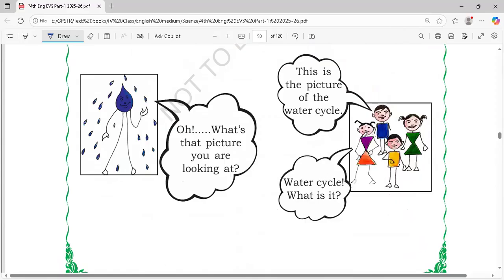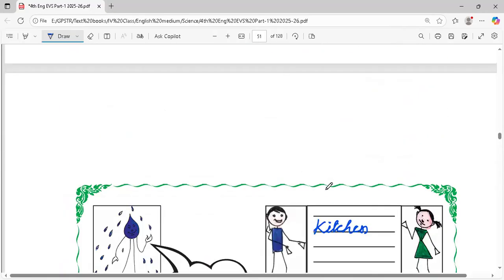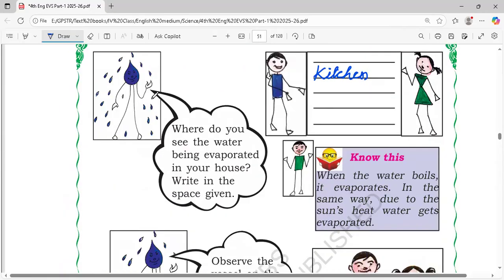What is it, in a group of students? One student told water cycle, another asked what is water cycle. Next, drop of water asked, where do you see the water being evaporated in your house? Write in the given space.